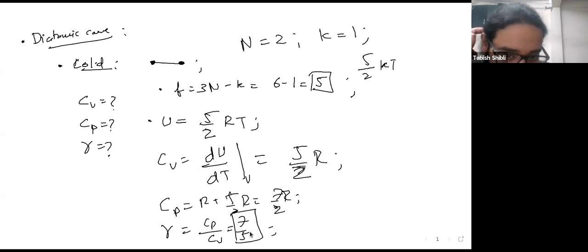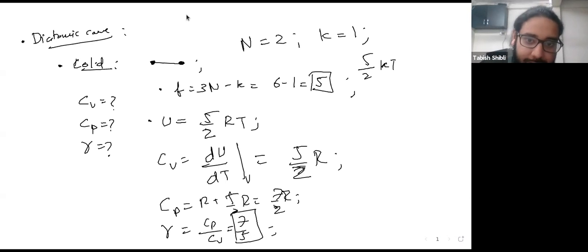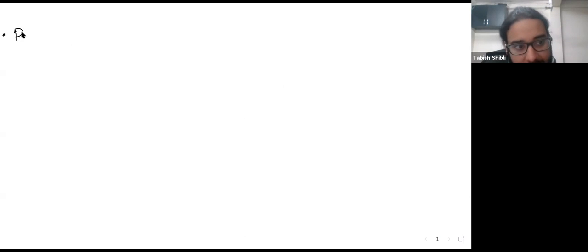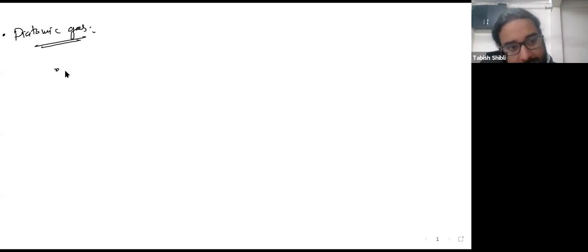Make sense? सब कुछ समझ आया? Yes, sir. Lovely. Now, what about the hot case? We are again in the diatomic molecule, diatomic gas case, but this time it's hot. What happens?